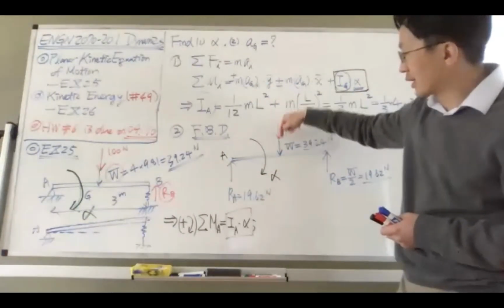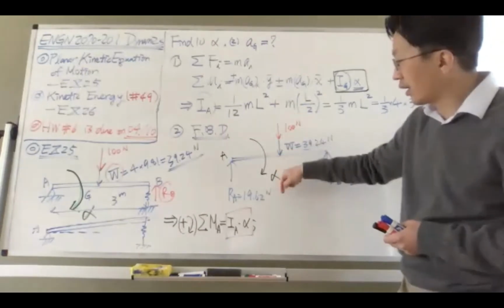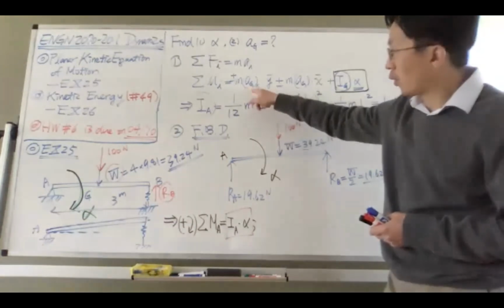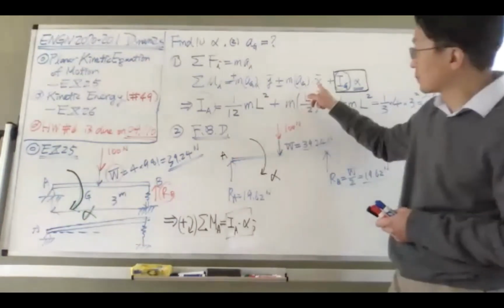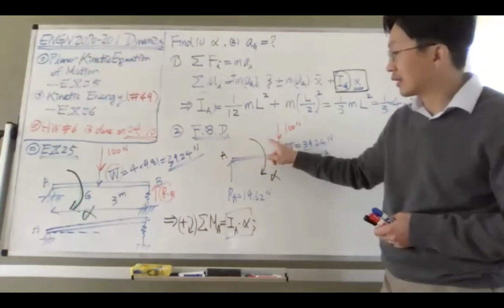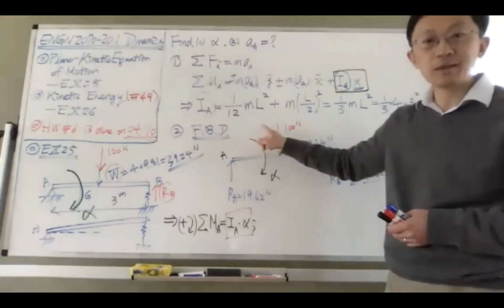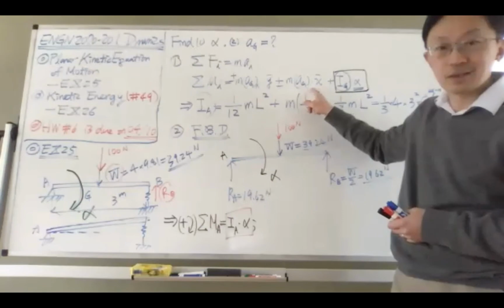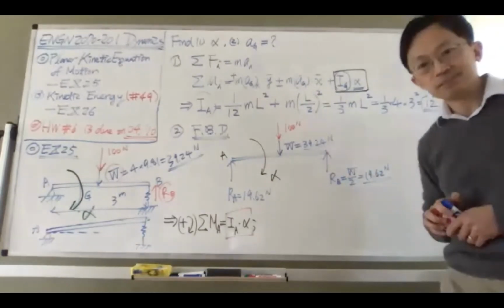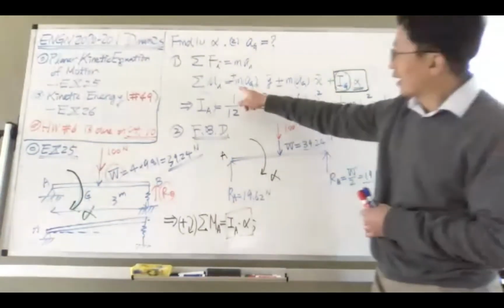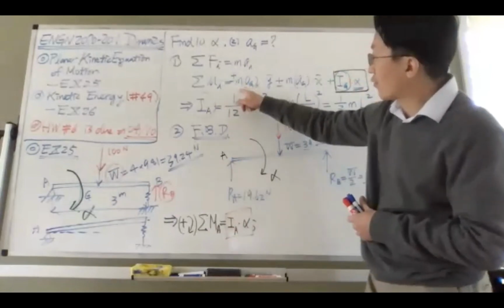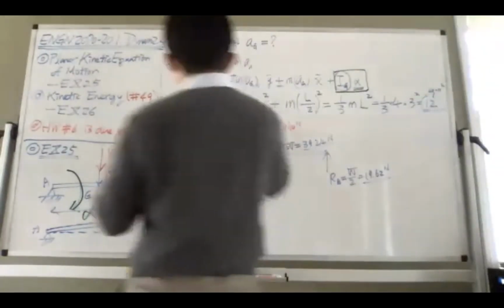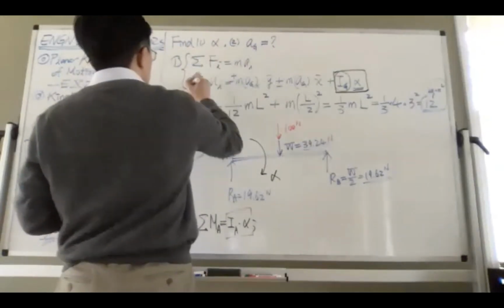Suppose this is X and this is Y. For the X bar in this problem, it is half of the span, which is 1.5 meters. So X bar is not 0. Y bar is 0, correct, but X bar is not 0. So that's not the reason. Why did I copy just one term, not 3 of them, from this definition? This is an important concept.